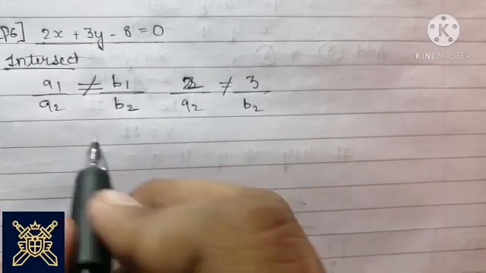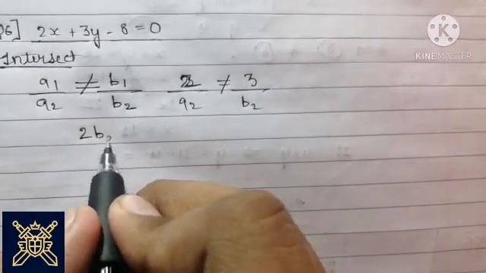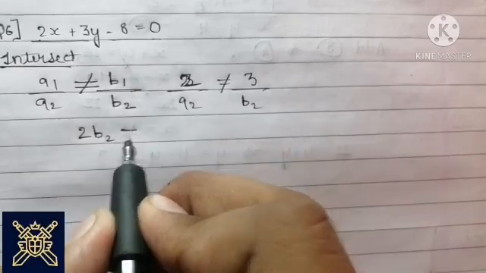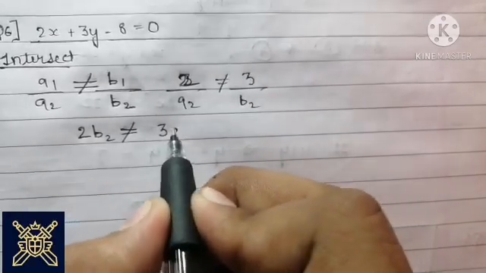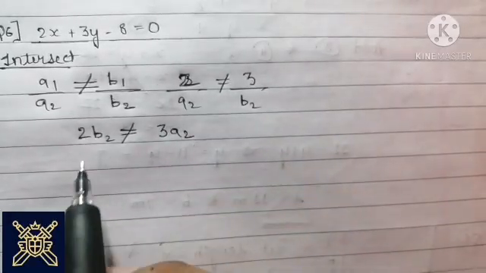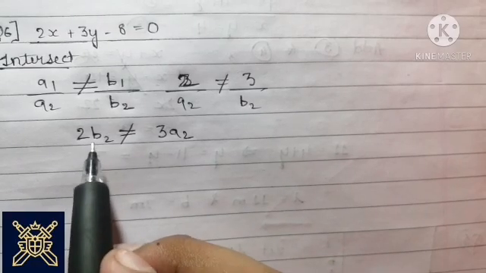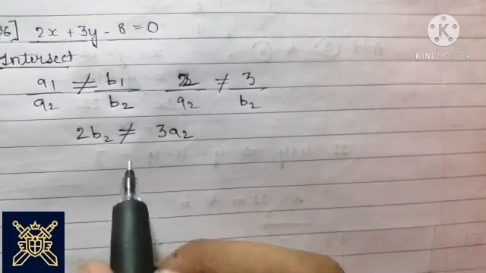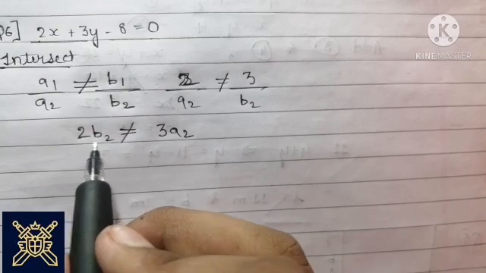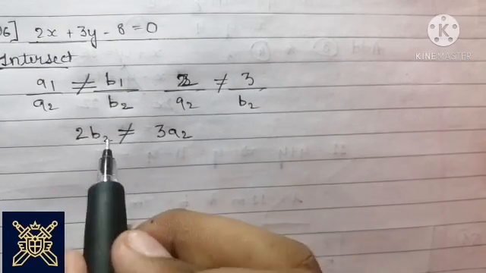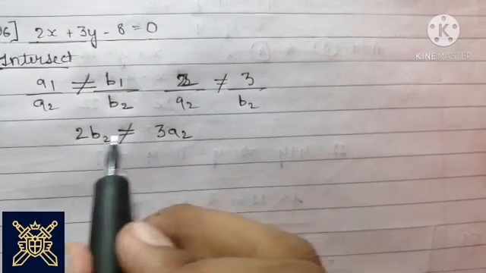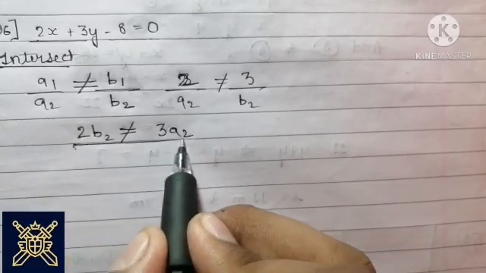So when we cross multiply, 2b2 should not be equal to 3a2. This implies that there should be particular values of a2 and b2 that do not satisfy this formula.